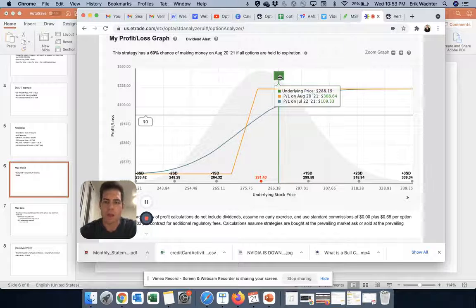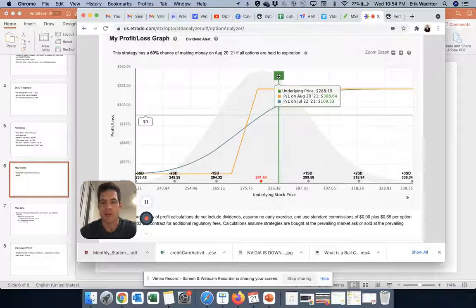All right, so this is the profit and loss graph, and we're looking at the gold line because that's going to show you the value of our option contract at expiration. Don't pay any attention to this blue line because that's something else. If you look at our P&L on August 20th, which is expiration, you see 308.64. So that's the credit we receive.